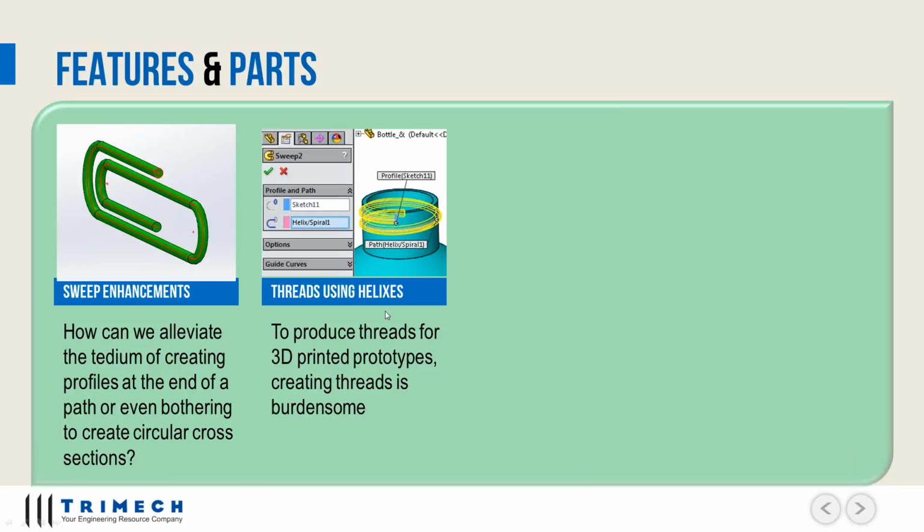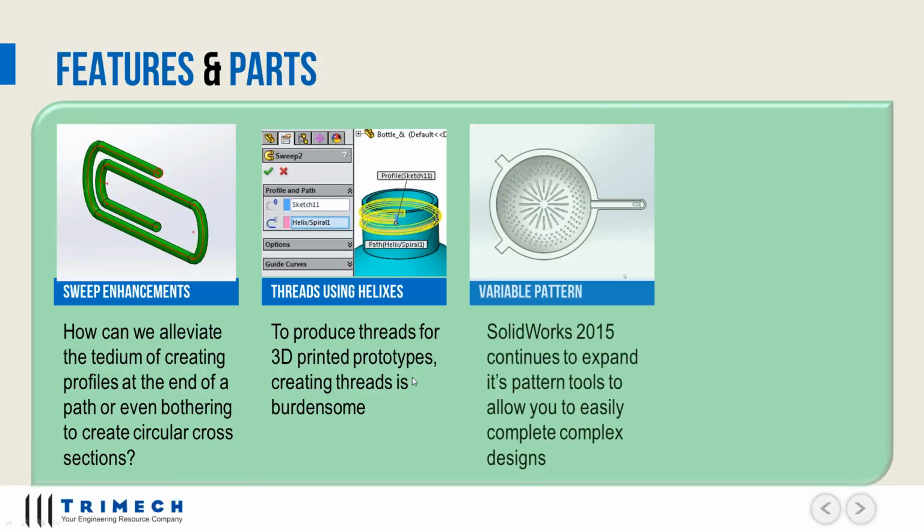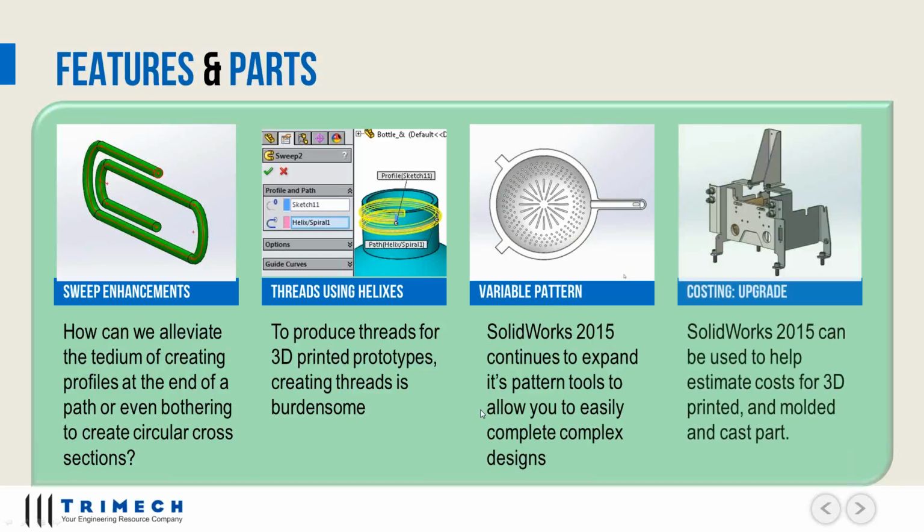Also, if you wanted to create helical threads, you did have the ability to create a helical curve, and you could sweep along that helical curve. Also in the past, in SolidWorks 2015, they introduced the variable pattern. And they've also included a number of enhancements to the costing tool. So let's go ahead and take a look at how they've made improvements in 2016 to these enhancements.